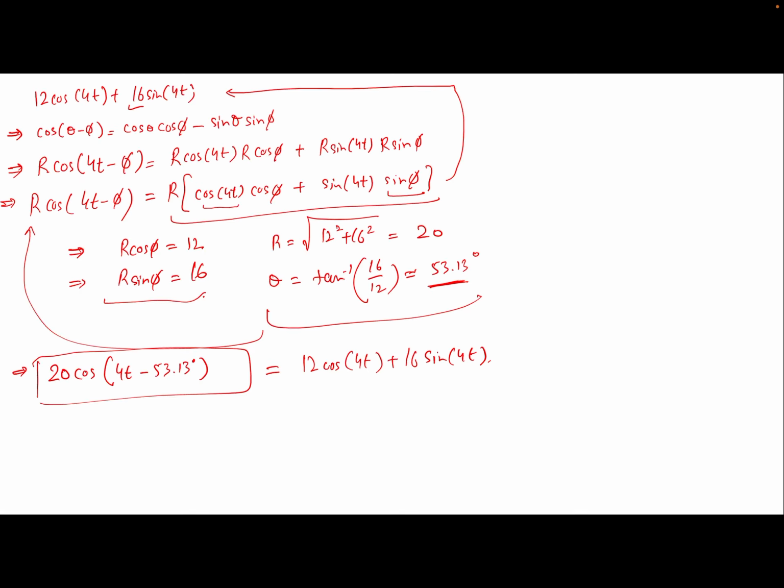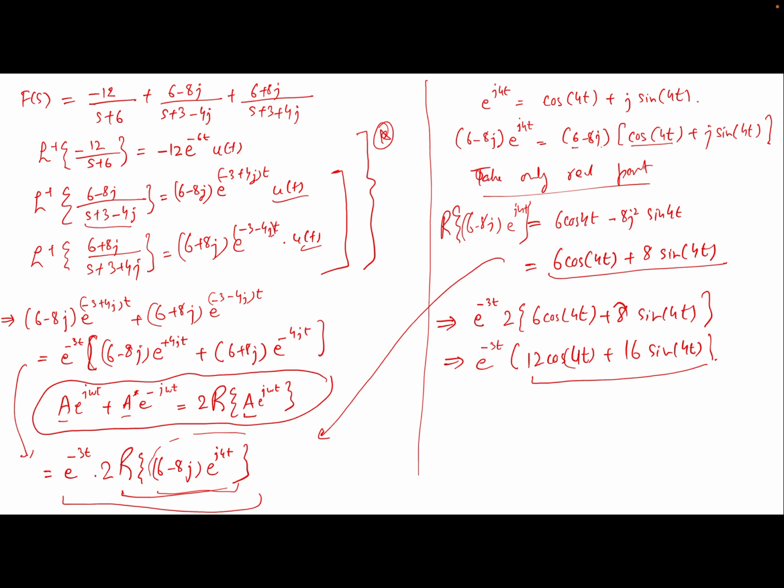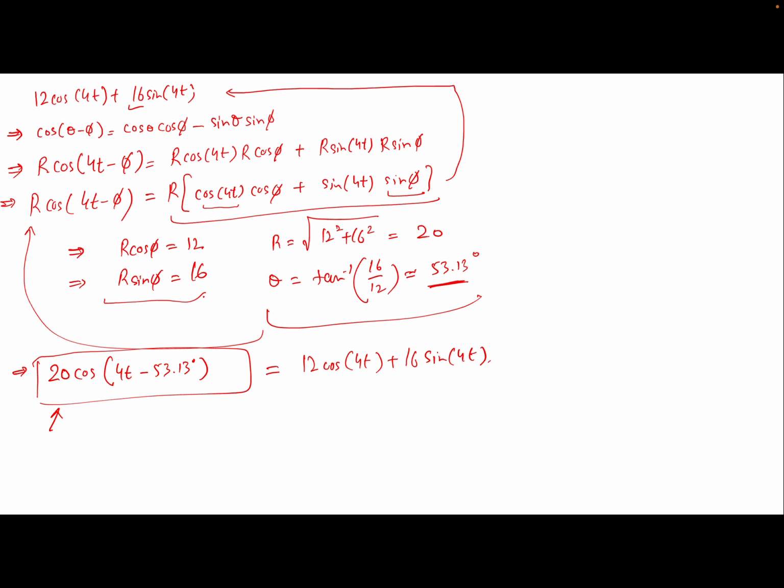Okay, nice. So I'm going to put this part over here, multiplied with e raised to power minus 3t, and then put everything back together, right? Okay, so my next expression is e raised to power minus 3t 20 cos of 4t minus 53.13 degrees. Okay.